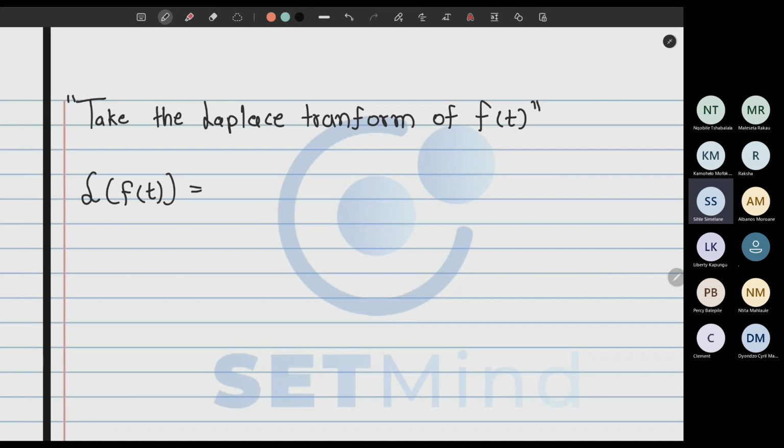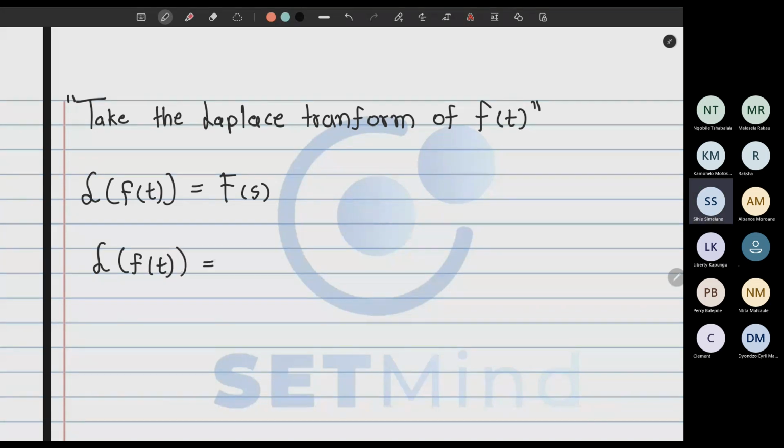And we know that the answer should be capital F of s. But there's a way we define the integral which describes the transformation.